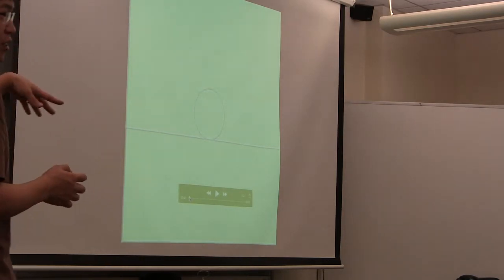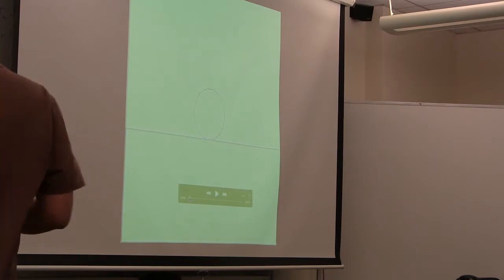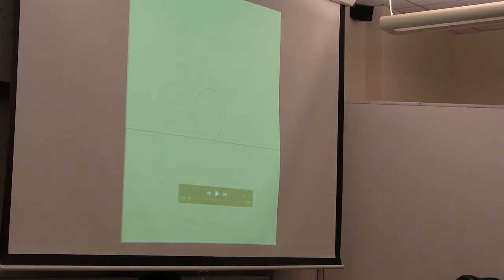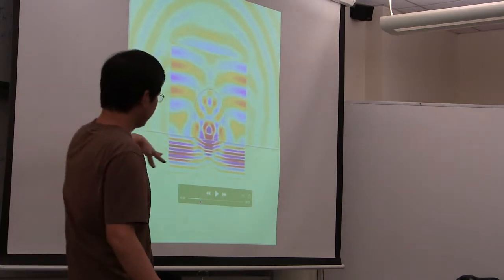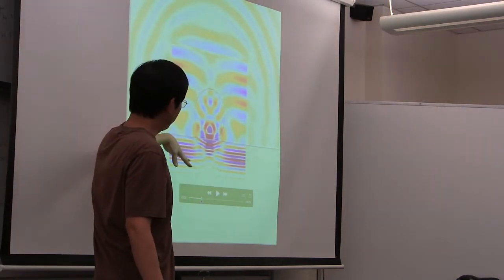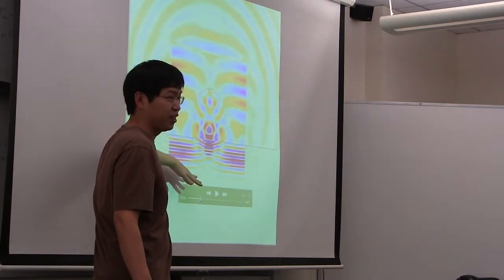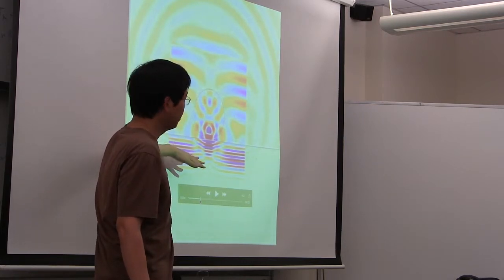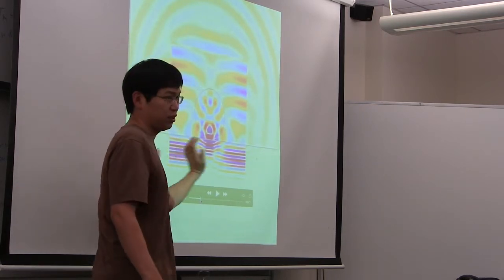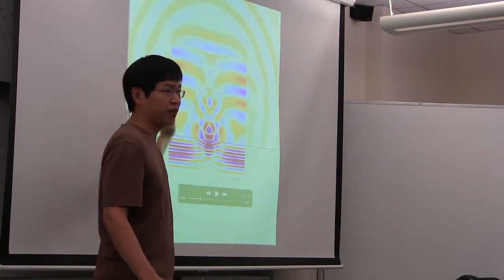I'll show you the case where there's substrate and scatter. You can still see that there's a reference wave propagating inside this region. But outside of this total field box, you have only scatter wave.